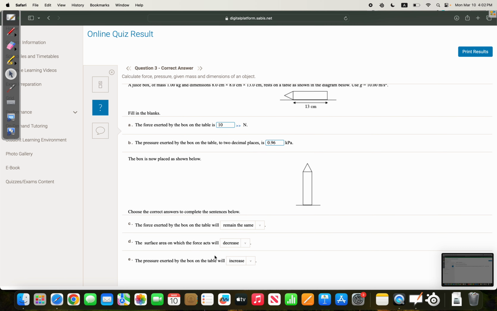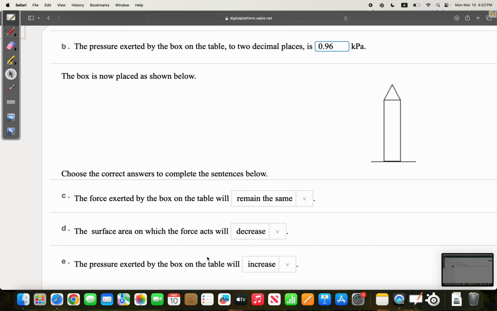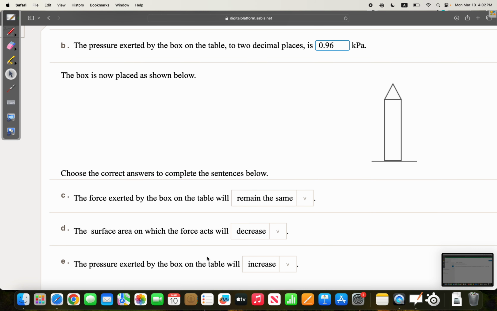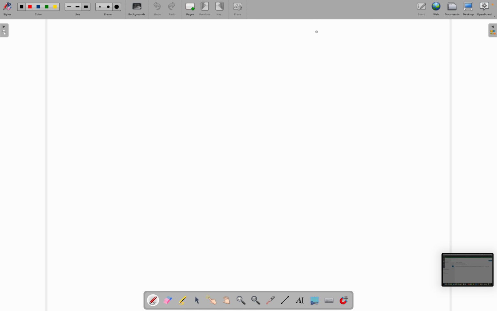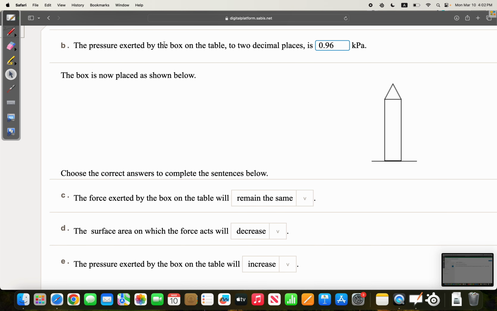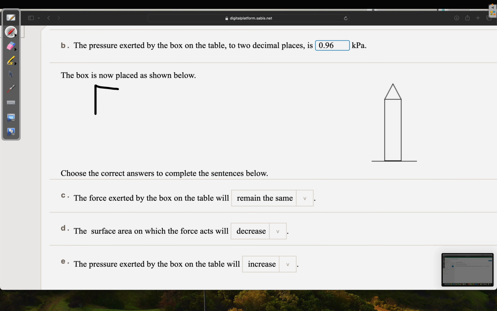So, okay, the pressure exerted by the box will increase because we know that, wait, force over area is equal to pressure, right? Okay, since area is not at the numerator with force, that will make the surface area inversely proportional to the pressure, or the pressure inversely proportional to the area.